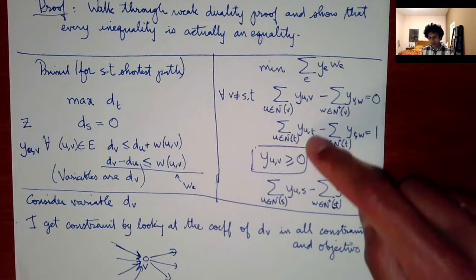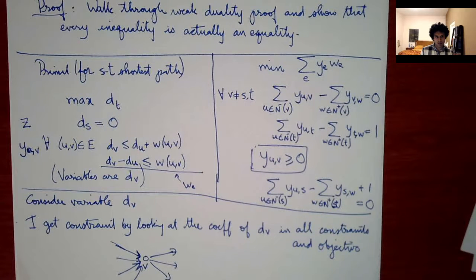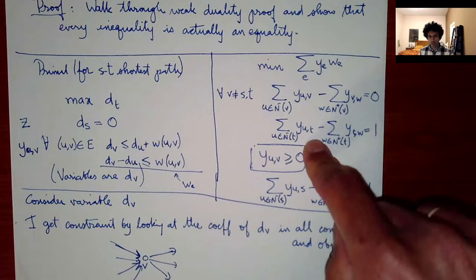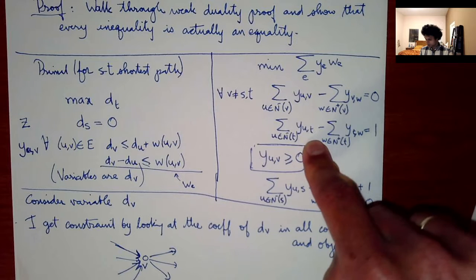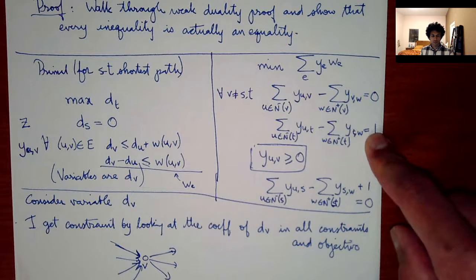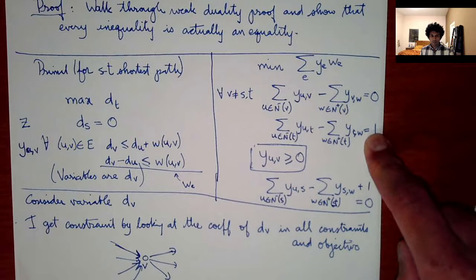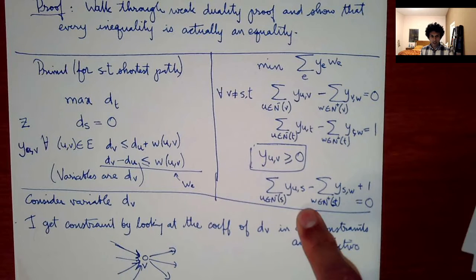That's the net flow going into T, so 1 unit of flow going into T. This is the net flow going into S, and it's saying it's minus 1, which means that 1 unit of flow is going out of S.